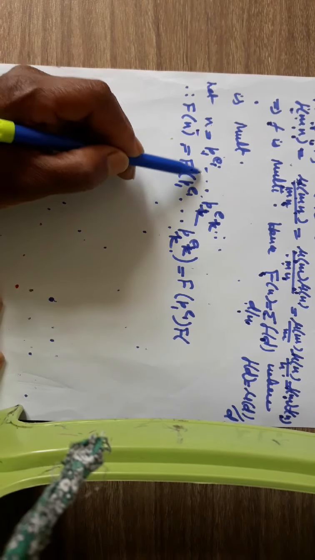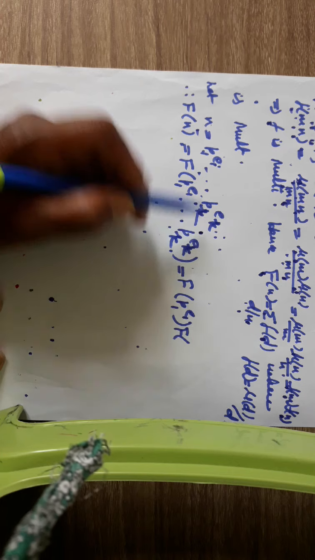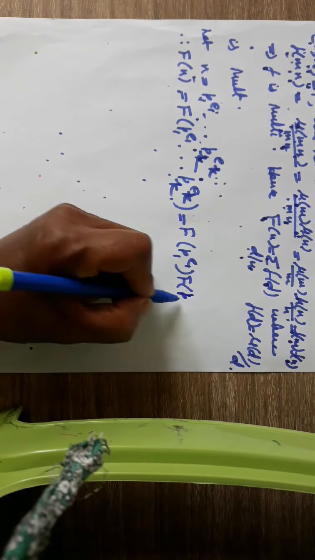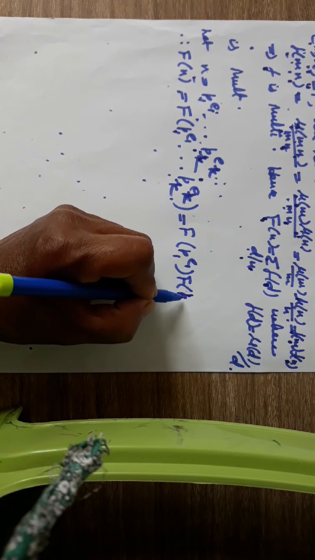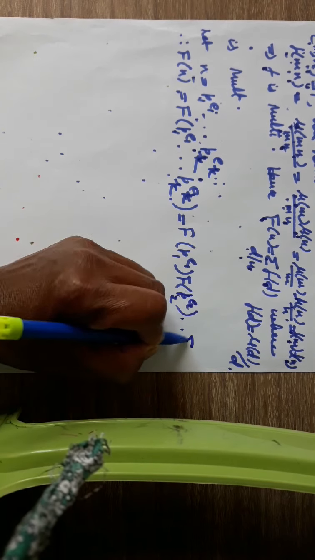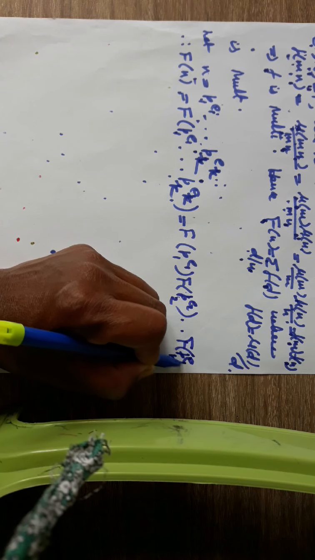So let us express n as a product of k distinct prime powers. So F(n) can be expressed, since capital F is a multiplicative function, as F of p1 to the power e1, F of p2 to the power e2, and so on up to F of pk to the power ek.